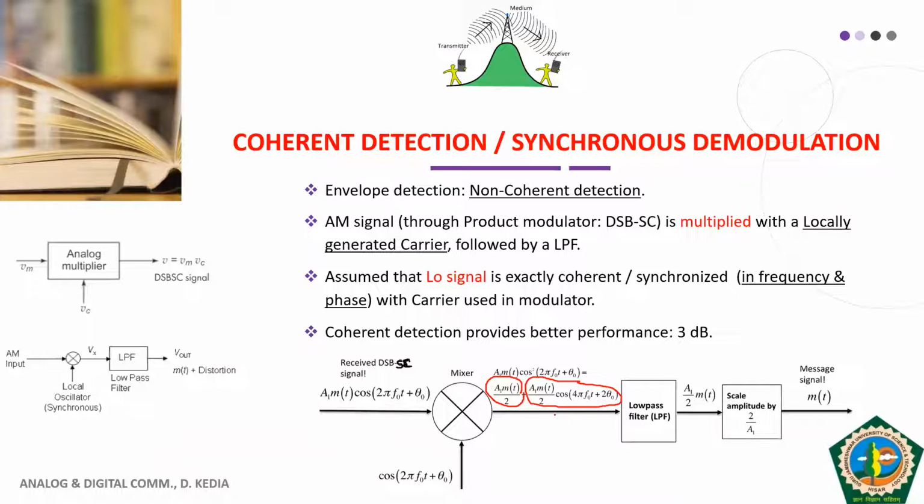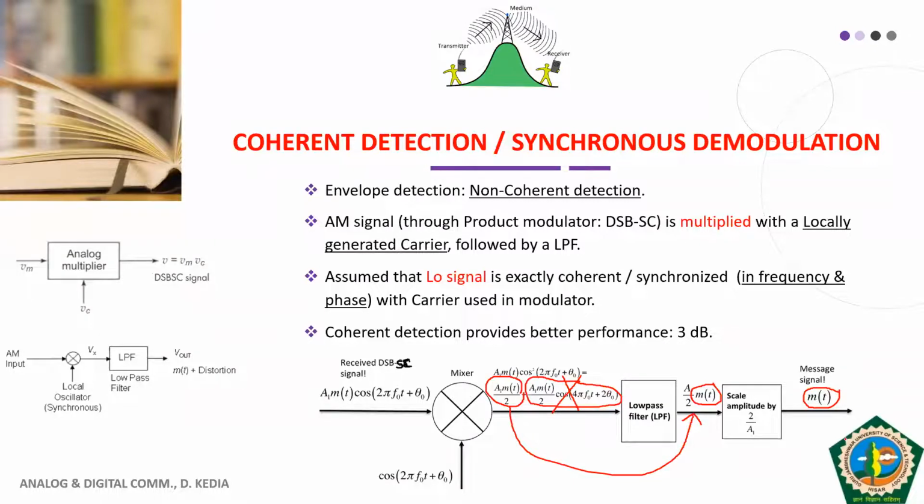So if you pass this through a low pass filter, the high frequency part will be removed, and A1 m(t) by 2 will come out of the low pass filter. Here we have nothing but m(t), our modulating signal. The amplitude can be scaled, and finally we get the demodulated signal, which is the same as the message signal.